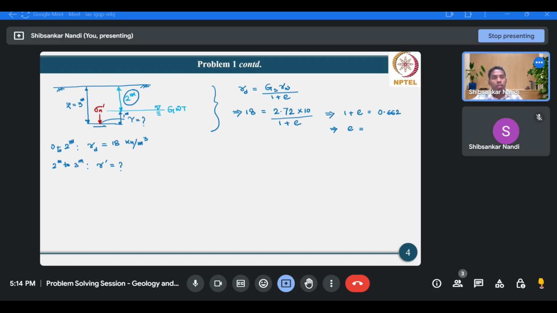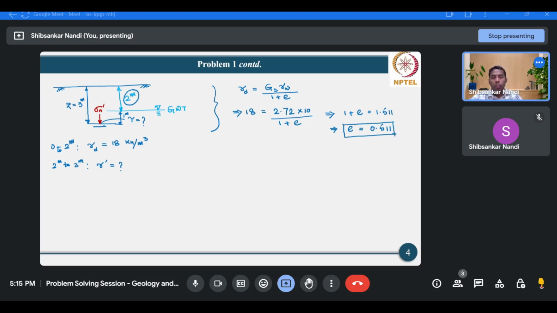Oh, sorry, I made a mistake here. This value is 27.2 divided by 18, that is 1.511, and therefore the void ratio value would be simply 0.511.